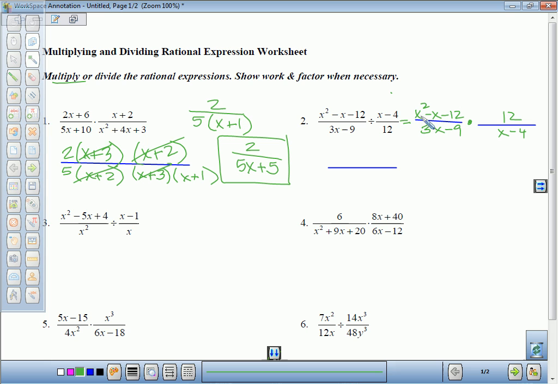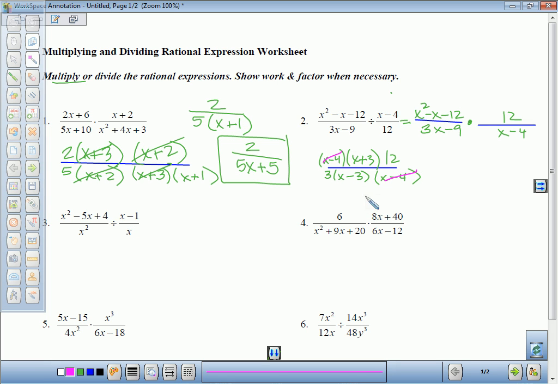Okay, so this numerator factors to x minus 4 times x plus 3. And then we have the 12. This denominator has a GCF of 3, and then we have an x minus 4. So when we start to cancel, really nice things happen. The x minus 4's cancel. Oh, not exceptionally nice.